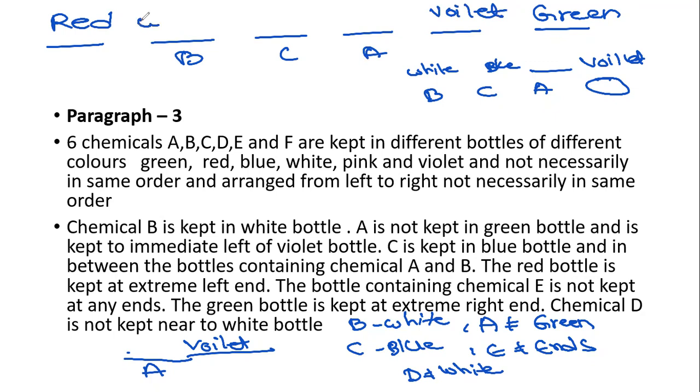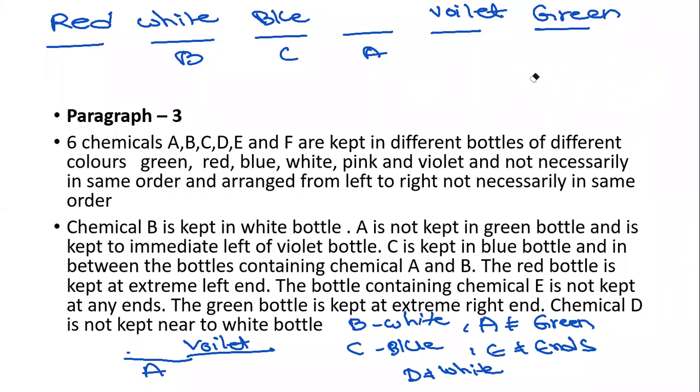B is white in color. C is blue in color. And leftover colors and leftover things you can write out, guys. Which is the leftover color? Pink. So remaining conditions are: E should not be kept at any ends.